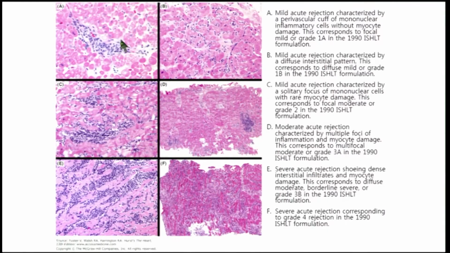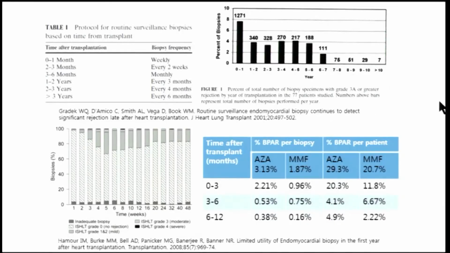This is an example of endomyocardial biopsy interpretation. This is a severe example; we never see such a severe example in the usual situation, but there are certain caveats in finding the correct decision among these four groups.